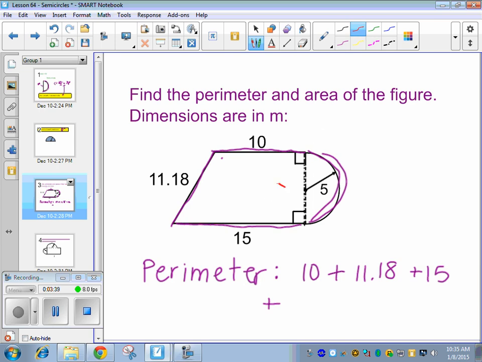No. Okay, that is not part of the perimeter, okay? Don't count that line. That's just showing you to help you visualize a half circle, all right? But we do want this right here. So the formula for a half of a circle when we're finding the circumference is 2 pi r over 2. And I use the formula with r because they gave us radius, okay?